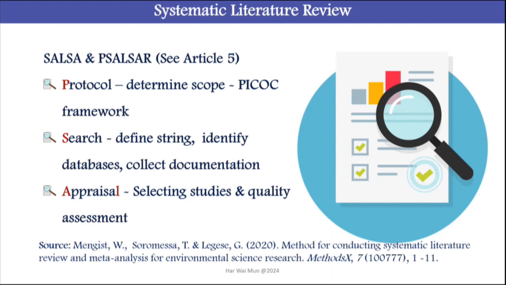Then there is a more systematic literature review, where usually we will not apply it in such detail unless we plan to write a paper based on the literature review as well. In the material that I uploaded, I uploaded 2 files, 2 articles. One is this one.